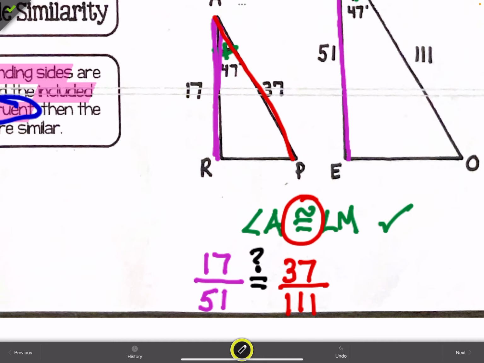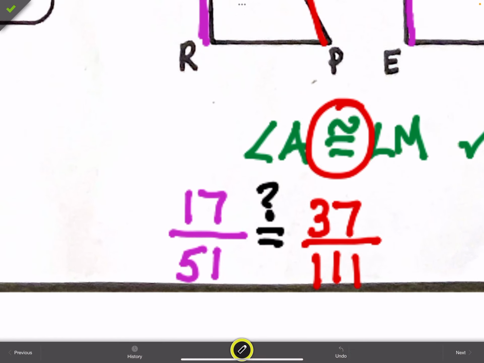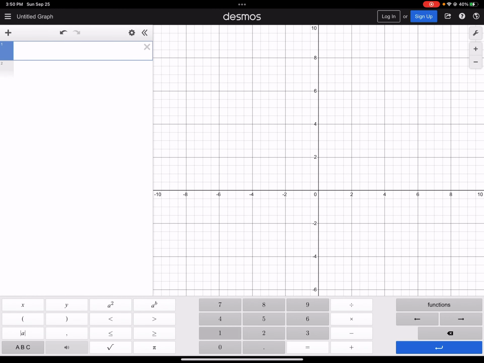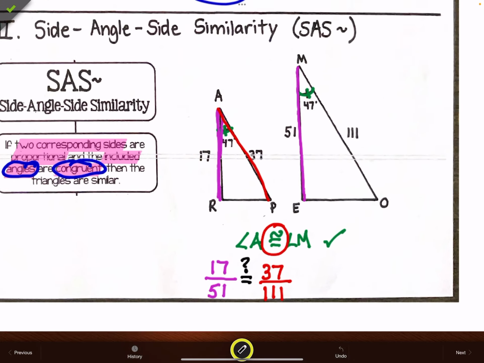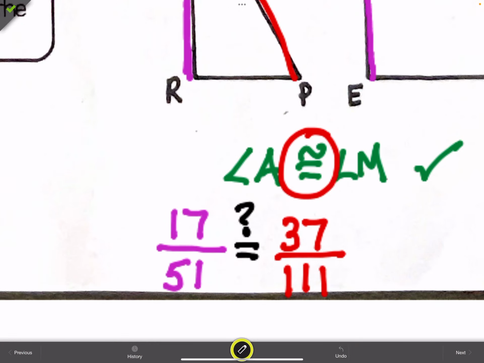Okay. And rather than sit and try to figure all that out, we just type it into Desmos. So again, don't care. 17 divided by 51. Okay, 0.3 repeating. That's a lot of 3s. We're not going to write all those 3s out. We're just going to say, okay, 17 divided by 51 is 0.3 repeating. Now, we want to know if 37 divided by 111 is the same.